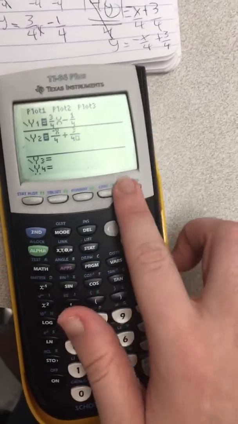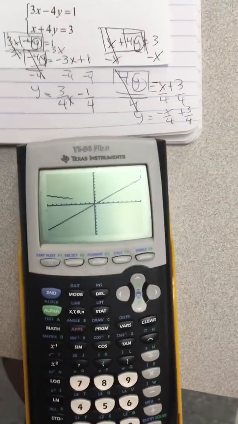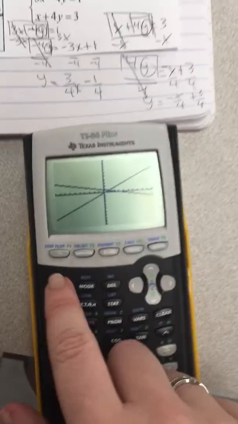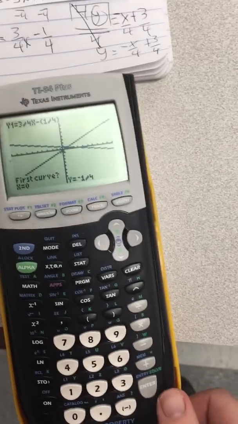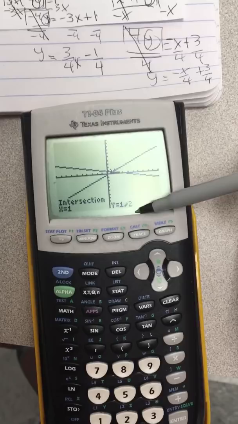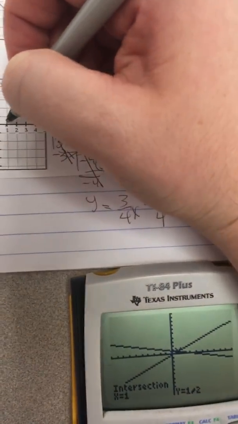I'm going to go ahead and graph that. All right, and then again, we're going to try to find that intersection point. So second trace 5. We're going to enter 3 times, and it gives me 1 and 1/2. So that would be about here.